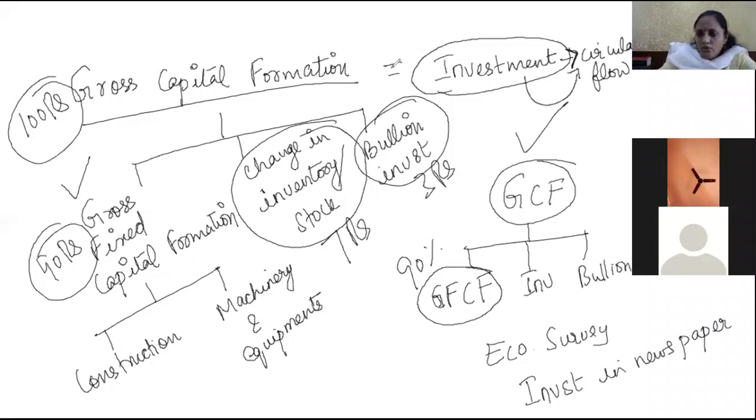So with this, most of the concepts relevant to the present condition, we have finished. Now we will go to today's topic, which is economic growth and development. Next page, 54. Yeah, last question. Right.